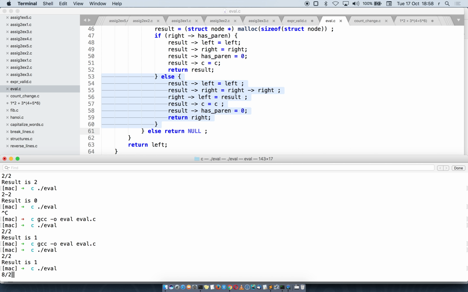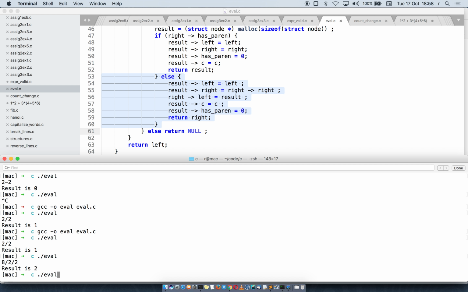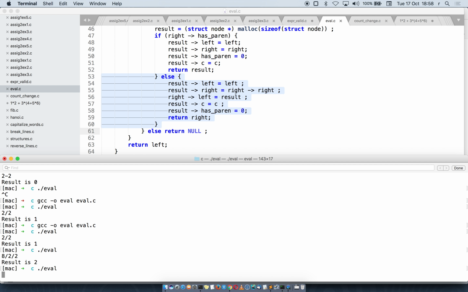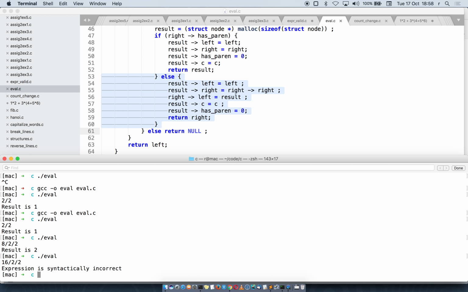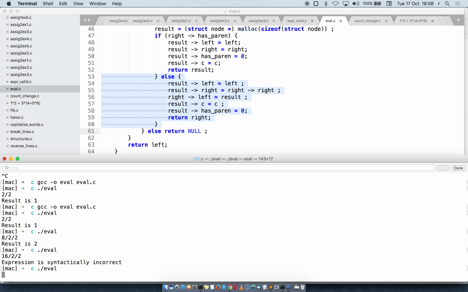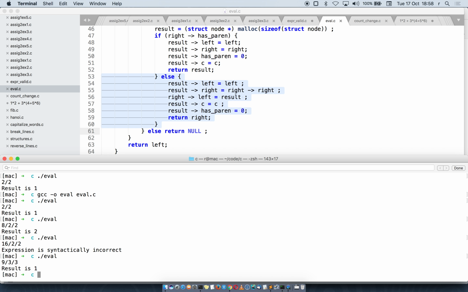So 8 divided by 2 divided by 2 is 2. 16 divided by 2 divided by 2. Oh, 16, we can't do 16. Sorry. We're going to be able to do 16 in a minute. So 9 divided by 3 divided by 3 is 1. All right.